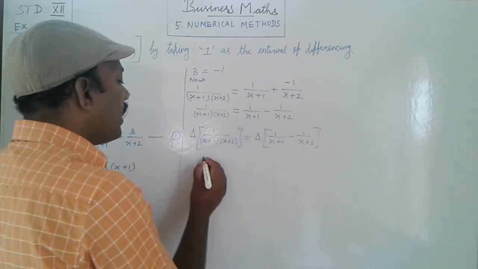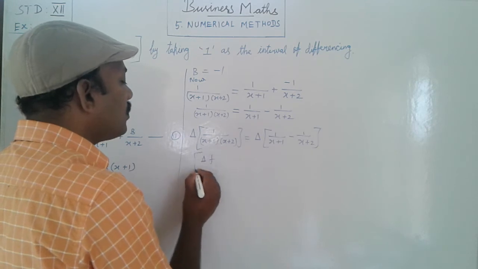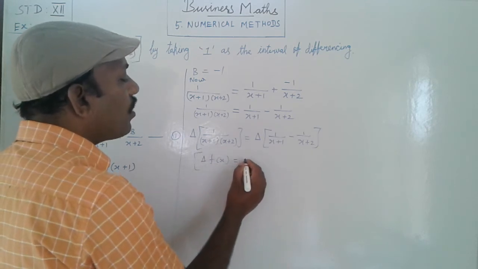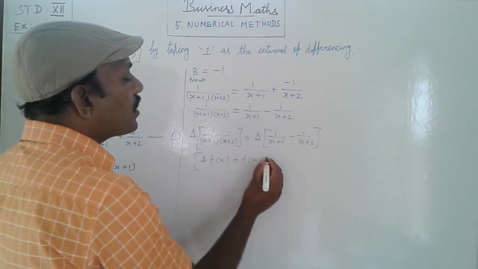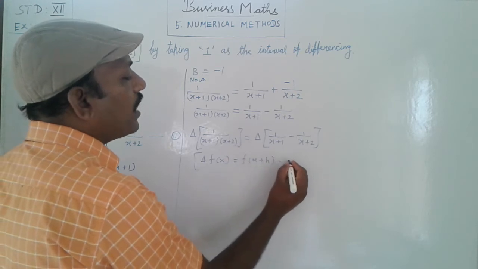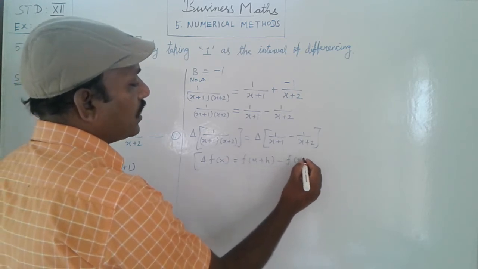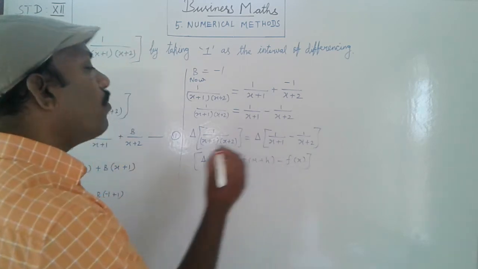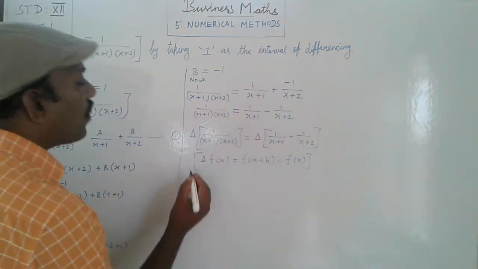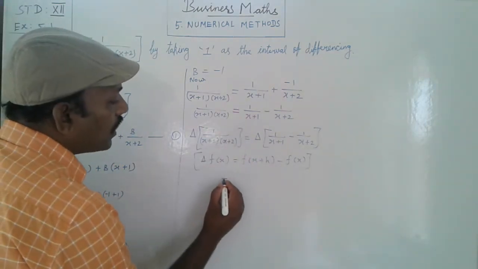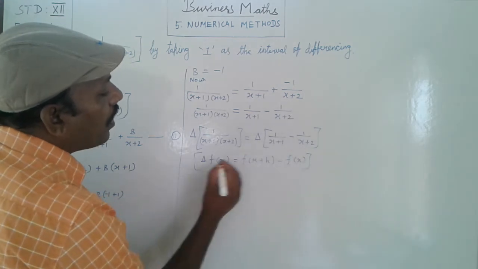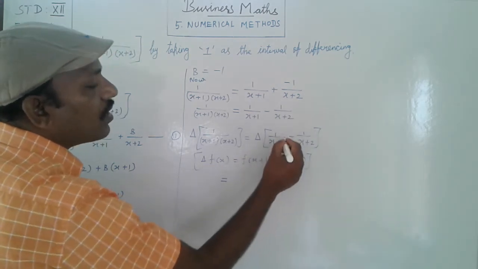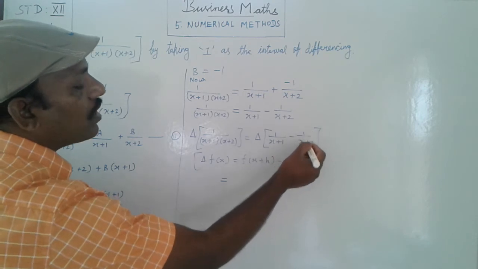We know the formula: delta f of x equal to f of x plus h minus f of x. We should substitute this formula here. Here f of x is 1 divided by x plus 1 minus 1 divided by x plus 2.